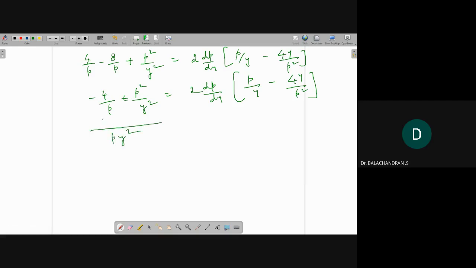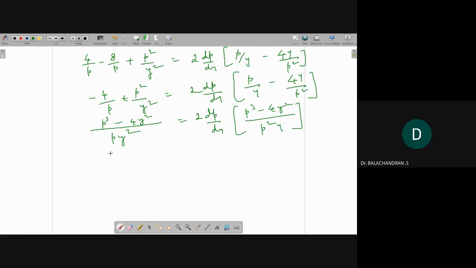So p cube minus 4y square, 2 into dp by dy. So here also I take p square y as LCM. So p cube minus 4y square.